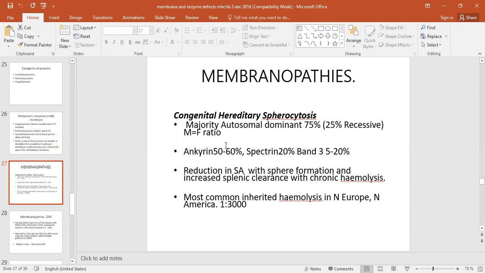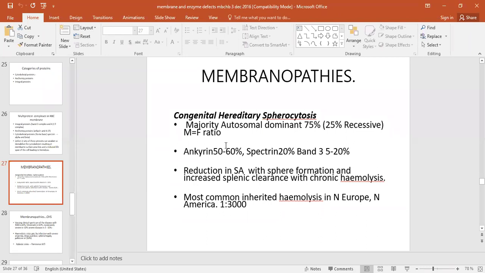When you look at spherocytosis as an outcome, as I did mention, spherocytes are small red cells with no area of central pallor. If you are to look at the causes of this kind of outcome, ankyrin would carry 50 to 60%, and then the rest of the proteins may carry other percentages.